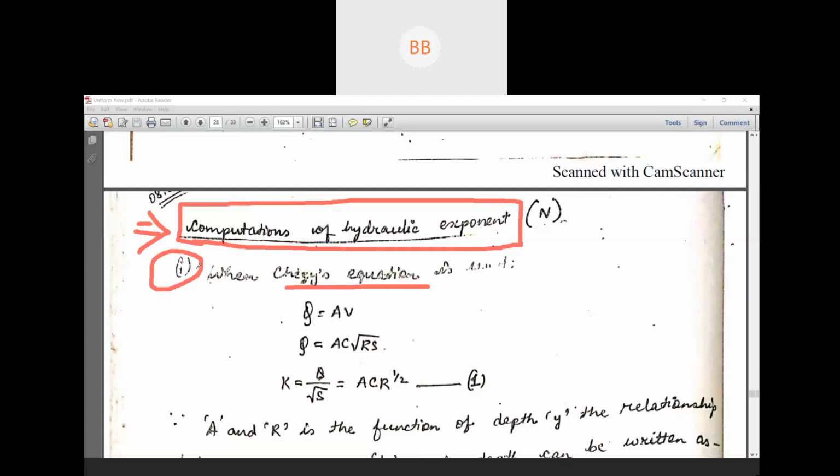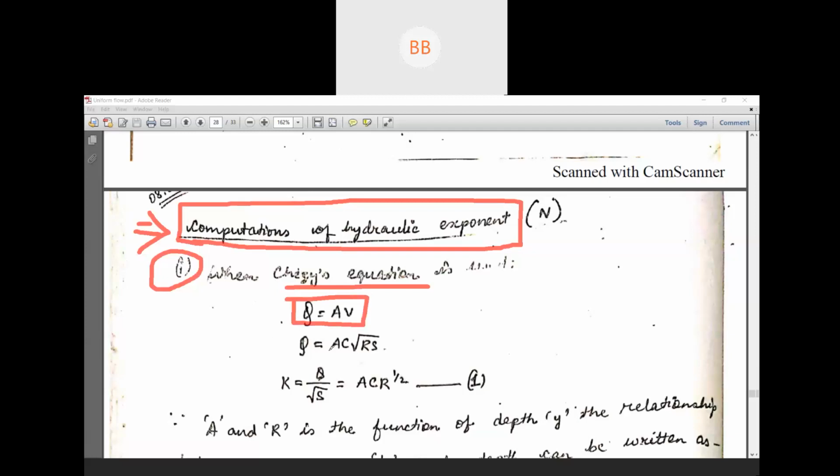So kindly write down the derivation. You write down the topic as computation of hydraulic exponent, capital N, in uniform flow. First case, when Chezy's equation is used. Then you all know this expression that discharge is equal to area into velocity.